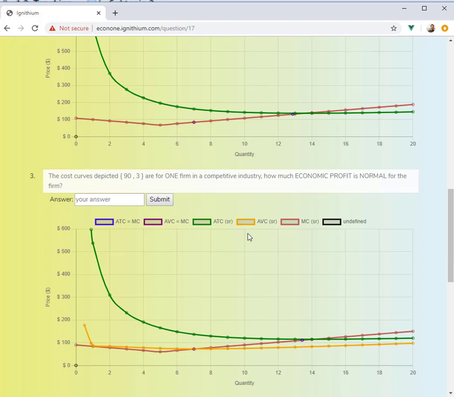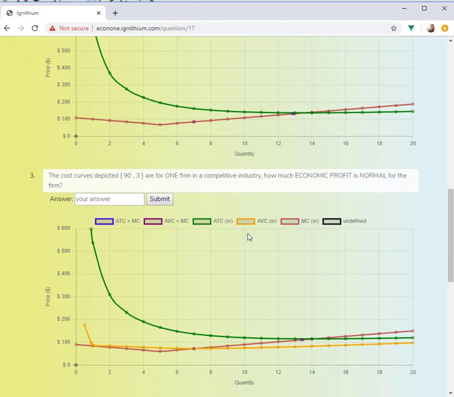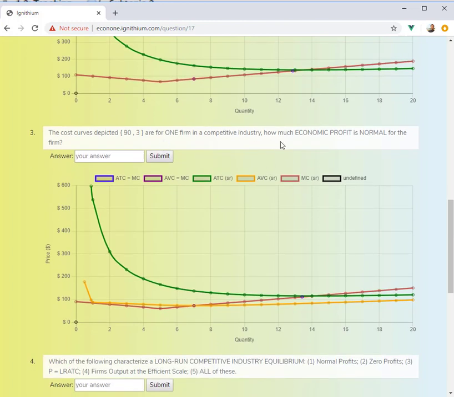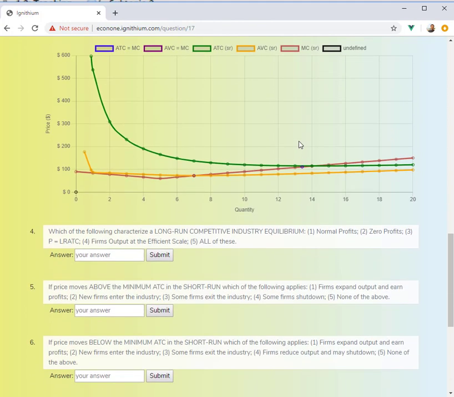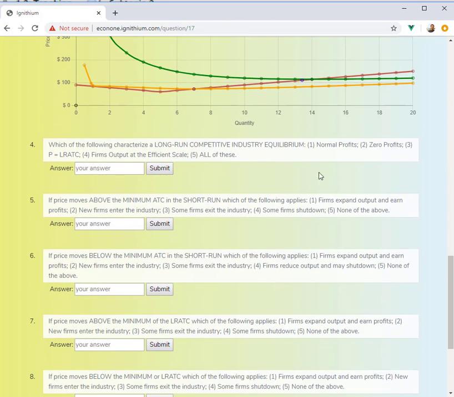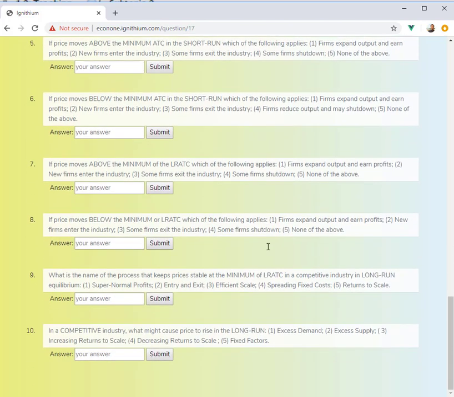So this question is again asking about normal economic profit, a concept that we defined. And then these other questions, you can go ahead and sort through the answers. There aren't graphs associated with them.